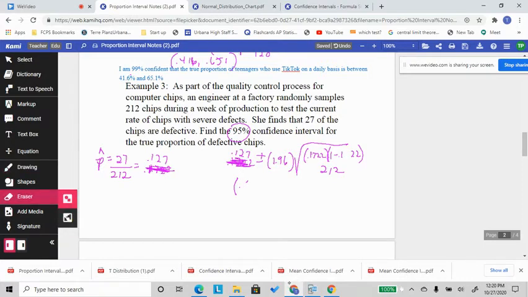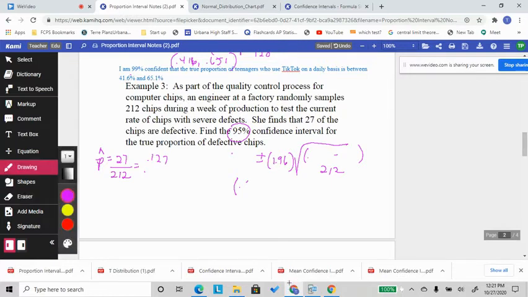Oh, let me erase this. I made a mess, didn't I? I flipped my digits. Okay. Sorry about that. So 0.127. This would be 1 minus 0.127, so I don't have to do it. 1.96 doesn't change. Okay, and then the answer is 0.1722. I was going off of memory. Sorry about that. Really messing this one up, aren't I?